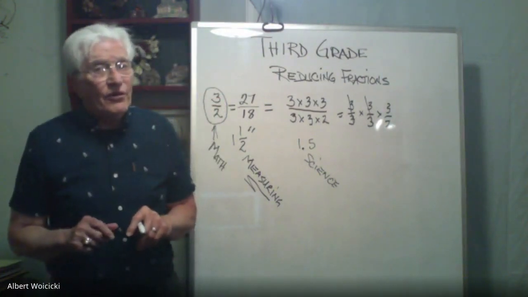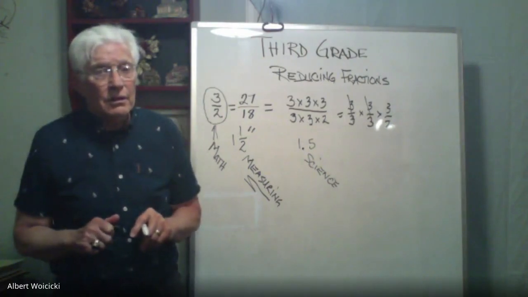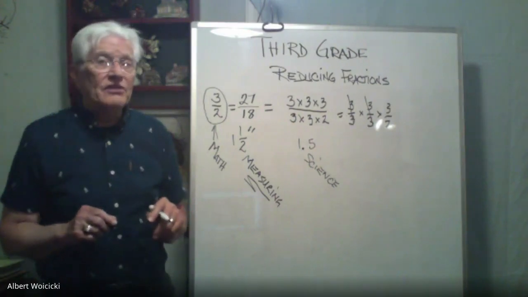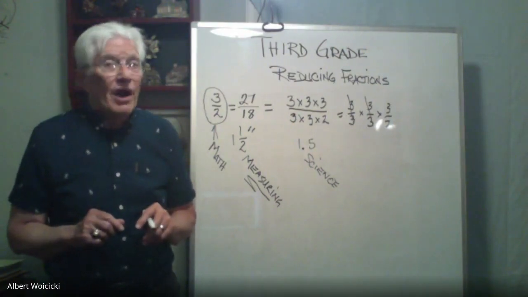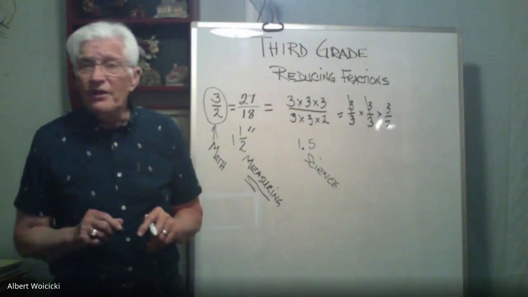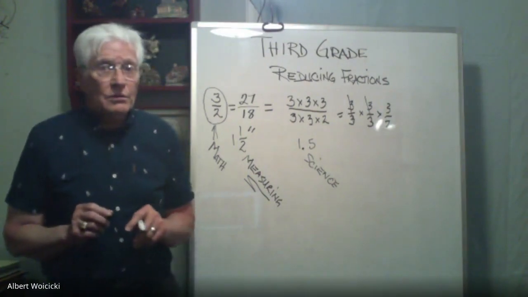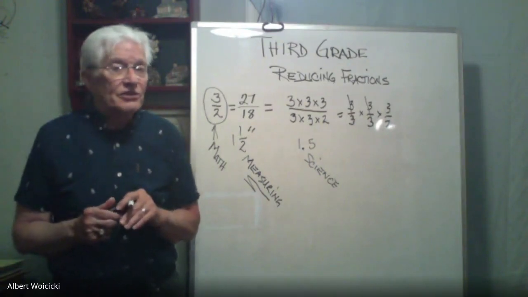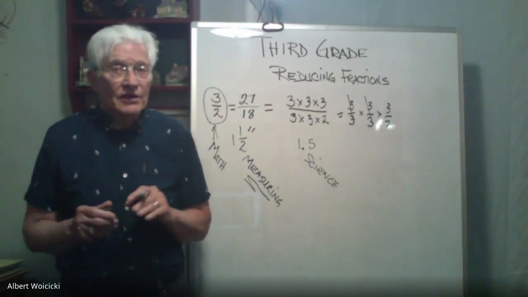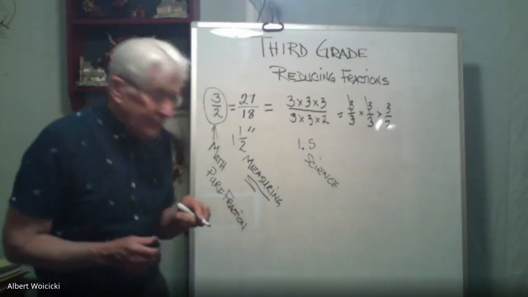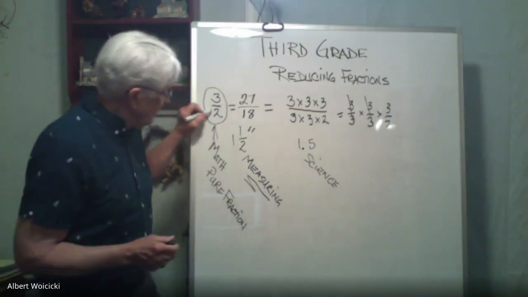I will not refer to this as the word that's used in so many texts and by so many teachers, improper. There's nothing improper about it. It's a pure, fully reduced fraction. So don't refer to it as something that's improper, because it's not. It's a pure fraction. So leave it as 3 halves.